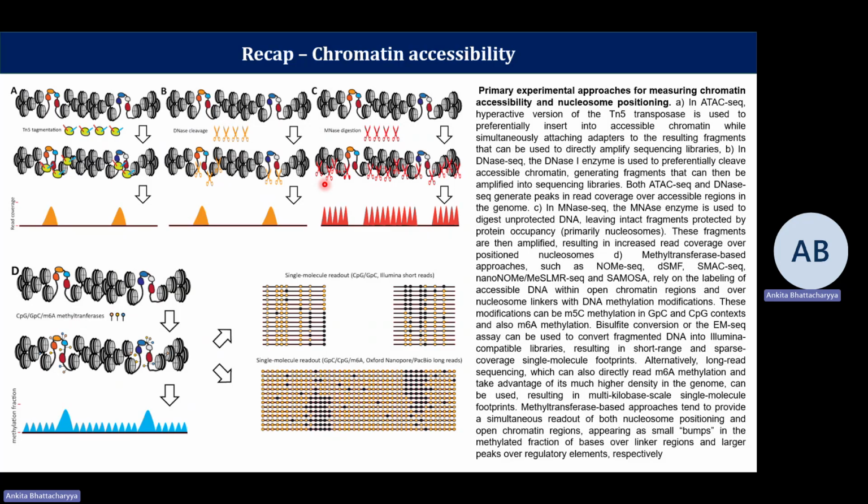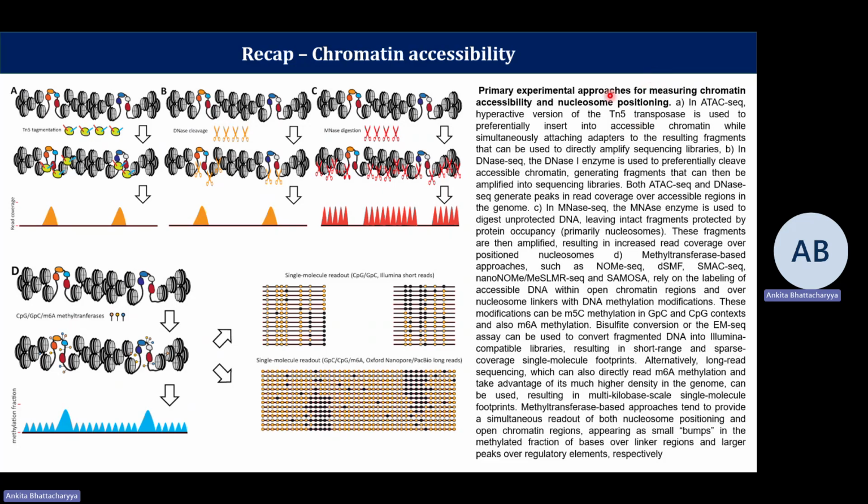In ATAC-seq, the hyperactive version of the Tn5 transposase is used to preferentially insert into accessible chromatin while simultaneously attaching adapters to the resulting fragments that can be used to directly amplify sequencing libraries. Let me just repeat it once again, even though we've already discussed ATAC-seq. What is the main difference?